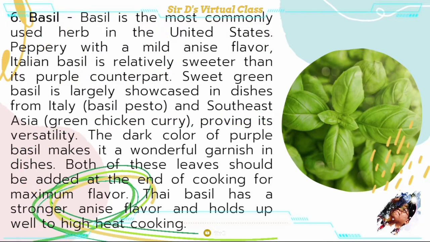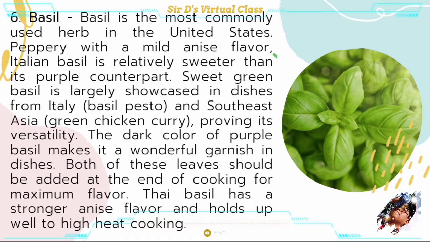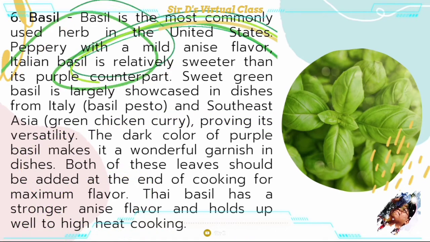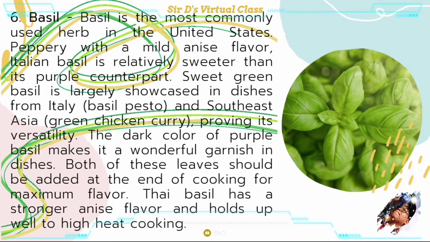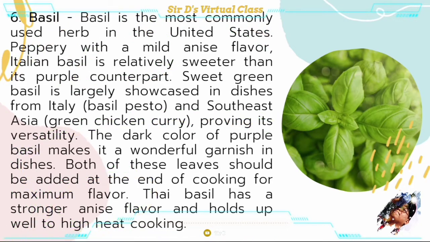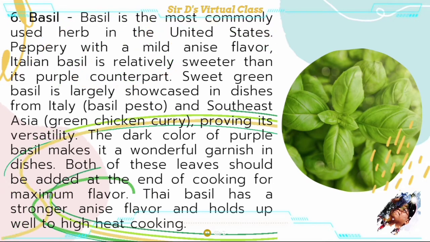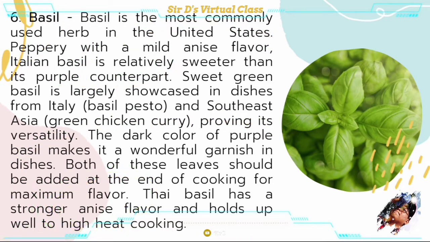The dark color of purple basil makes it a wonderful garnish in dishes. Both of these leaves should be added at the end of cooking for maximum flavor. Thai basil has a stronger anise flavor and holds up well to high heat cooking.